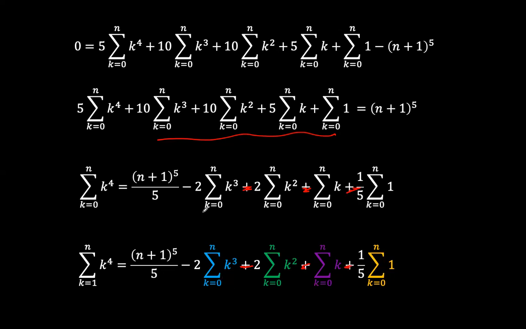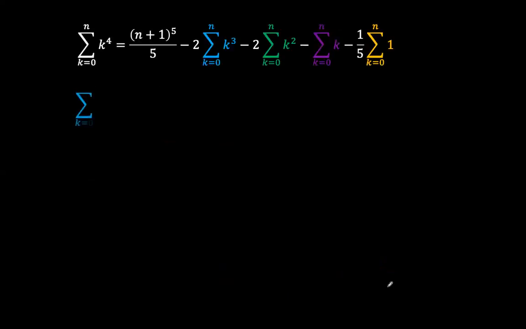So we have now said, well, the summation of k to the power 3, we color code it as blue, summation of k squared, we color code it as green, summation of k, purple, and just this constant 1, we color code it yellow. So then it's popular knowledge. We could also still derive it, but we don't want to spend a lot of time.